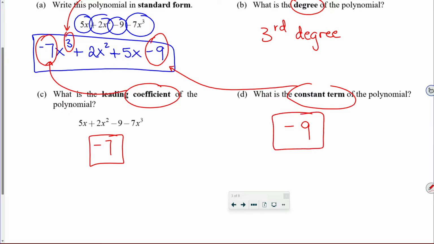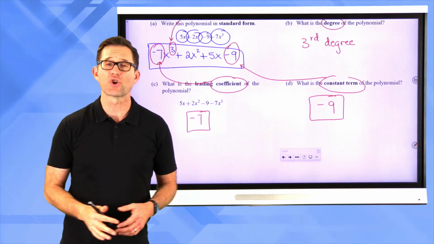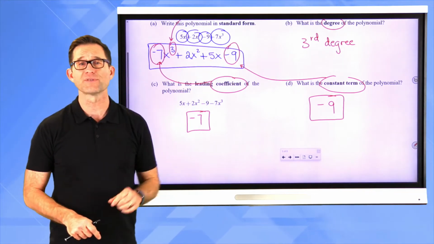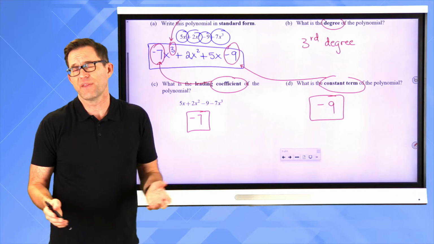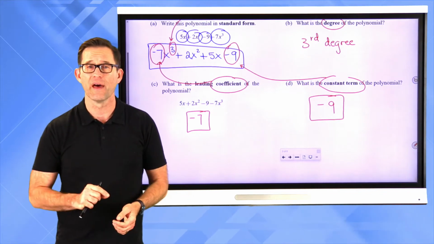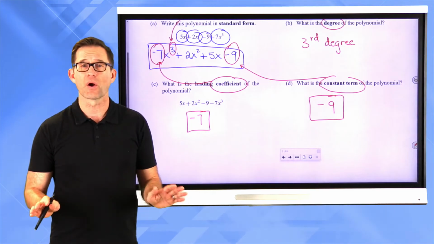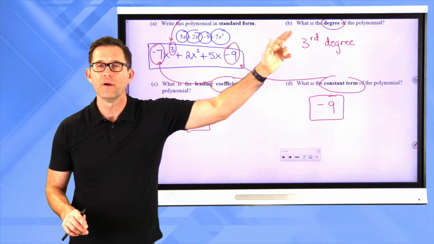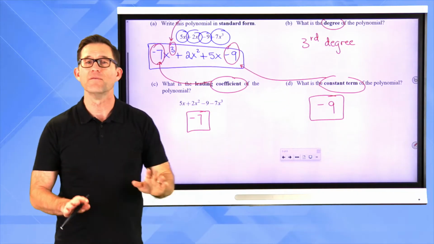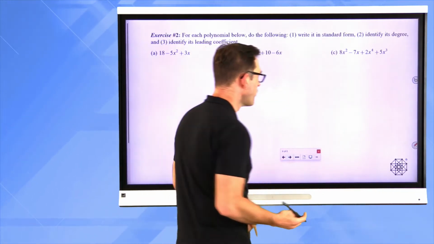Now, sometimes polynomials will have a constant term of 0. If all of the different terms have an x attached to them, then the constant is just 0, because we could think of it as plus 0 on the end. All of these terms are really important: standard form, degree, leading coefficient, and the constant term. Very, very important before we move on.